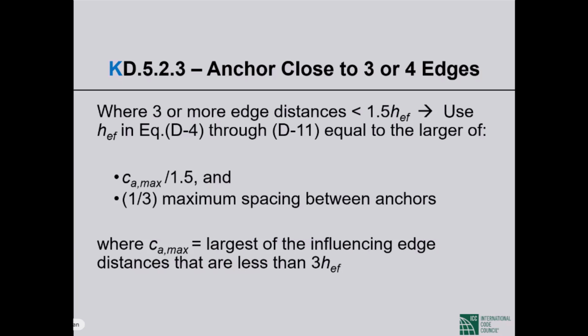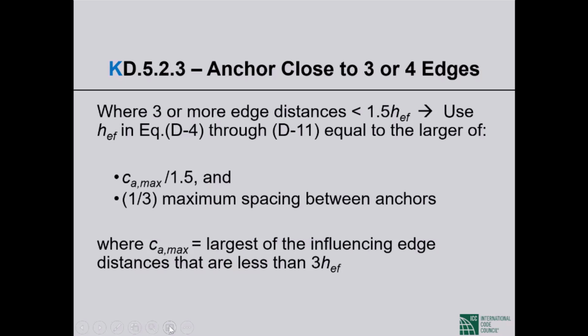Where three or more edge distances for an anchor subject to tension are less than 1.5 times the embedment depth, we have to do our breakout strength calculations using a reduced effective embedment depth. And that reduced depth shall be equal to the larger of the maximum edge distance divided by 1.5 or the maximum spacing between anchors divided by 3.